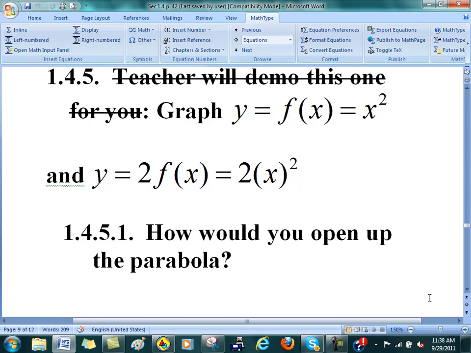I don't use the concept of opening it up or closing it like your Algebra 2 book does, because it's extremely confusing. So I'm just going to say, scale the function by 6. That means you take the original function and multiply it by 6. You guys with me on this?